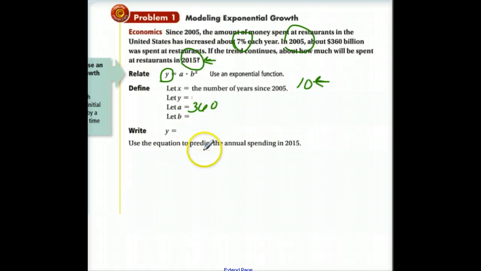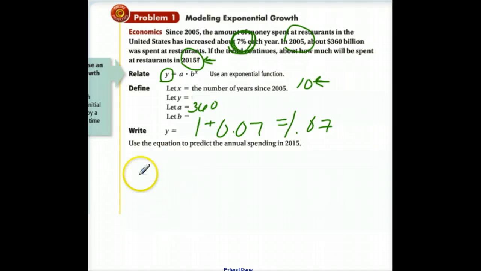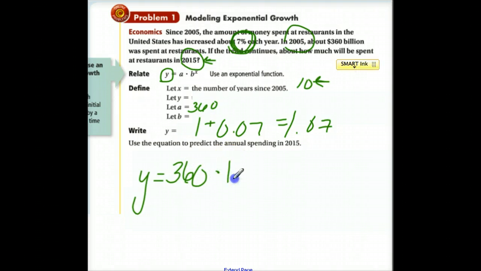And b is the growth factor, which is 1 plus that percentage that it's going up. The rate is 7%. That's a decimal of 0.07. So our growth factor is 1.07. So I'm going to write the whole equation. y equals initial amount of 360 times the growth factor 1.07 raised to the x, and in our case this x value is going to be 10. 360 times 1.07 to the 10th power.